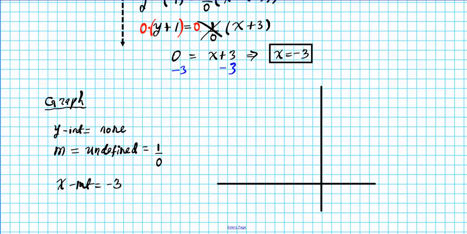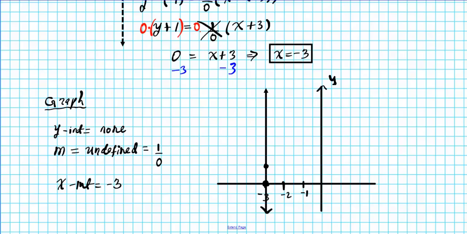So we have -1, -2, -3. So there goes our x-intercept. We don't have any y-intercepts in this problem. To get the next point, you just rise 1 and run 0. Okay? And that gives you the graph of the line. You have a vertical line that always has the x value of -3 regardless of what your y value is.